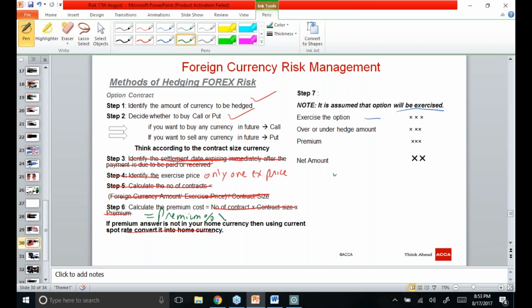Obviously, multiply it with the transaction amount. And the 7 steps will not be like this.